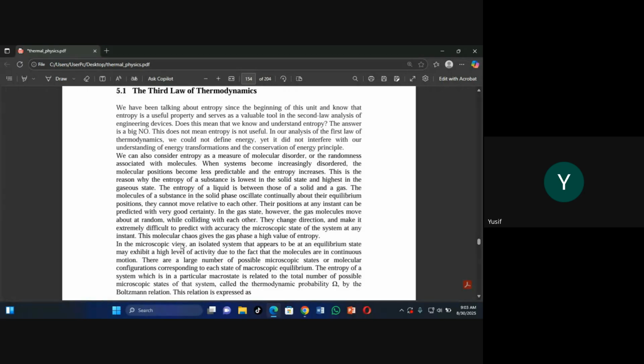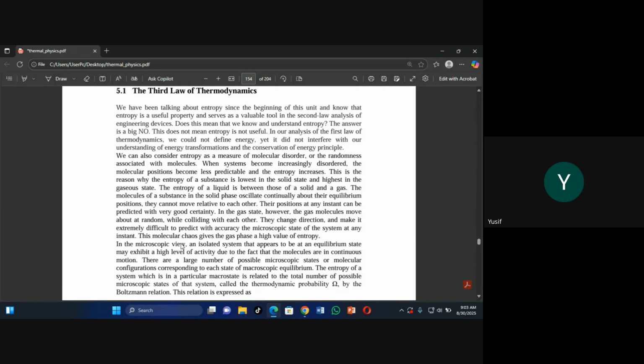That's the same as entropy. We are able to define or establish its entropy change. We can also consider entropy as a measure of molecular disorder or the randomness associated with molecules.